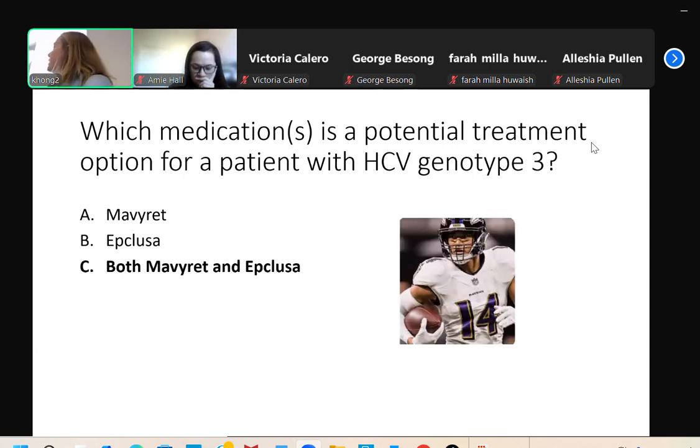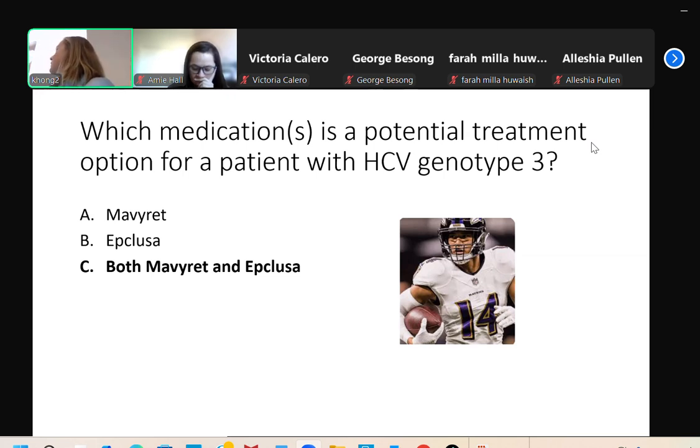So these are two of the combination antivirals that are called pan-genotypic, meaning they treat all of the genotypes.